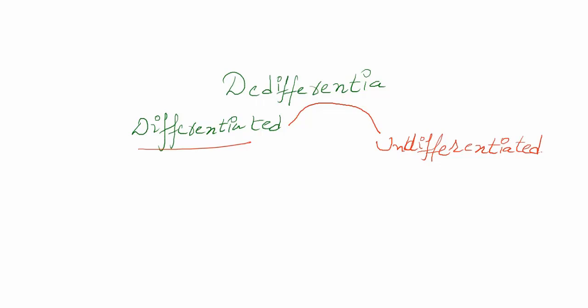Differentiated cells have a specific size, shape, function, and when they die or accidentally want to reproduce for some reason, they undergo dedifferentiation and form undifferentiated cells. So it is one of the cyclic paths, we can say. The undifferentiated will become differentiated and then some of the differentiated cells will again form undifferentiated cells. I think this is clear for you.